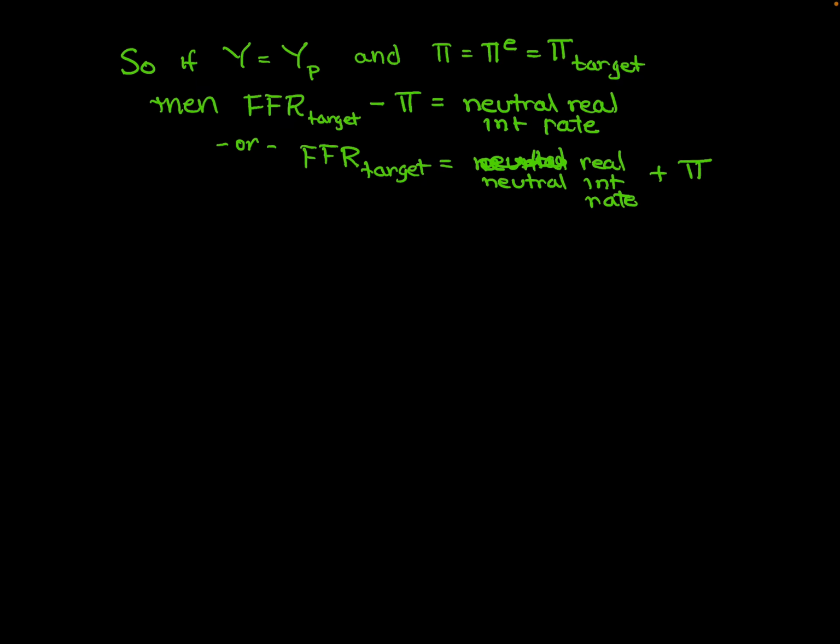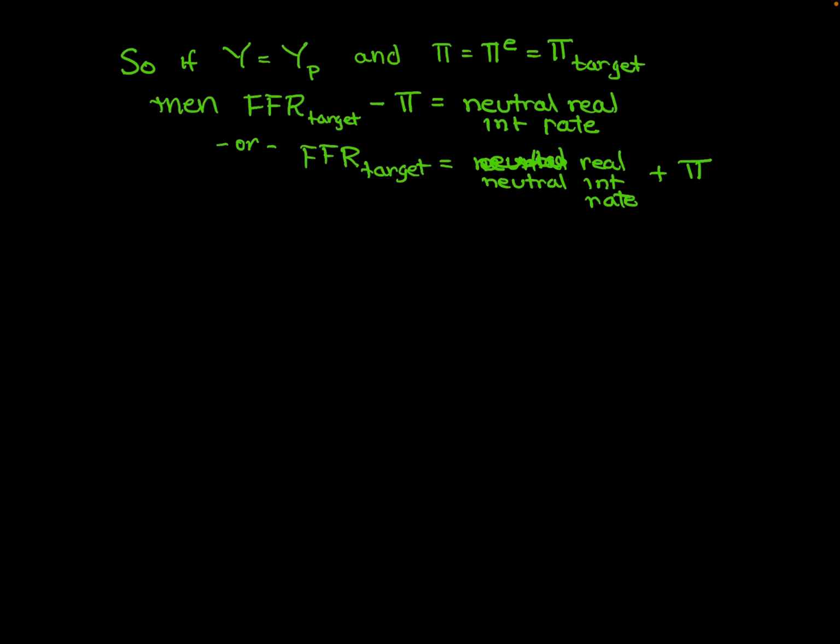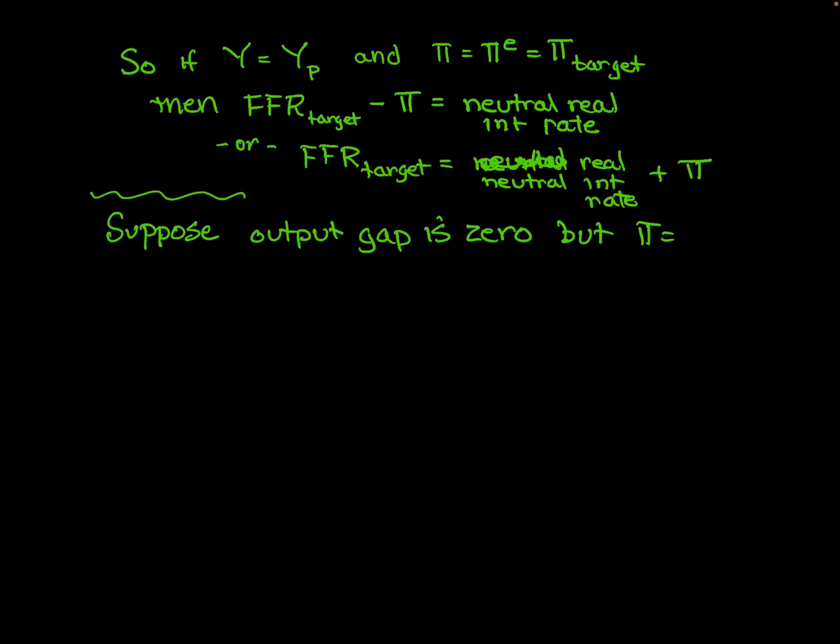So to put some numbers in, why would this be? This would be because the output gap is 0 and because there's no deviation of inflation from its targeted level. So suppose instead, suppose the output gap is 0 but actual inflation is running higher than the targeted level.